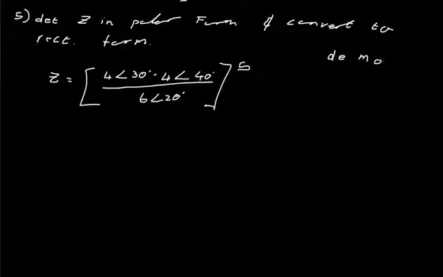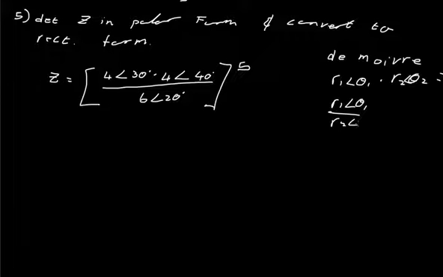De Moivre, which says that R1 angle theta 1 times R2 angle theta 2 is equal to R1 R2 angle theta 1 plus theta 2, and also De Moivre's division rule, which says R1 angle theta 1 over R2 angle theta 2 is equal to R1 over R2 angle theta 1 minus theta 2.